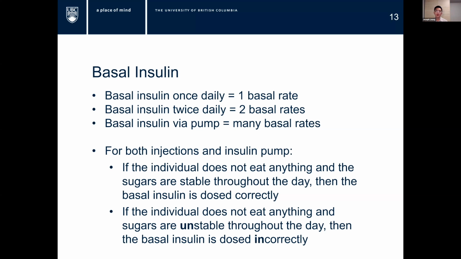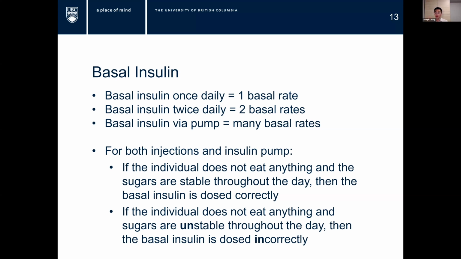Now, can we give basal insulin and achieve two basal rates? Maybe that's possible. An example would be using the longer-acting insulin detemir, or brand name Levemir. As I mentioned in a previous talk, that insulin will be decommissioned and discontinued worldwide in a matter of months, certainly by the end of 2026.